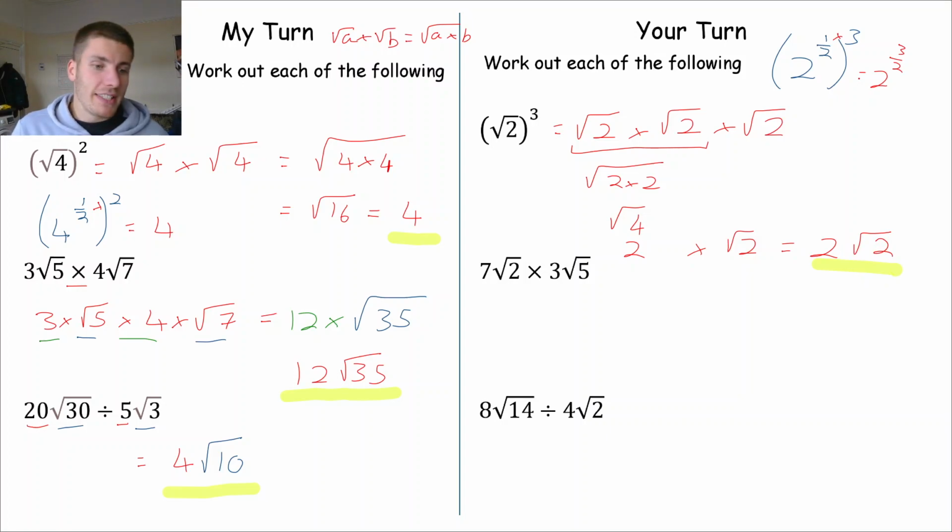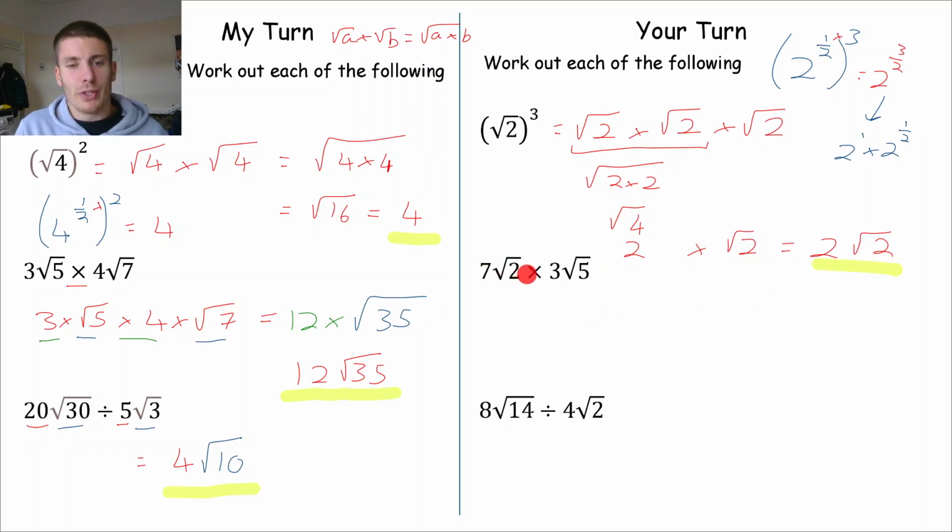Probably going into a bit too much detail now. If you want to break this up further, you can write this as 2 to the power of 1 times by 2 to the power of a half. Add the powers, 1 add a half is 3 over 2. And of course, this is the same thing as 2 root 2. 2 to the power of a half is root 2. Good, that's that one.